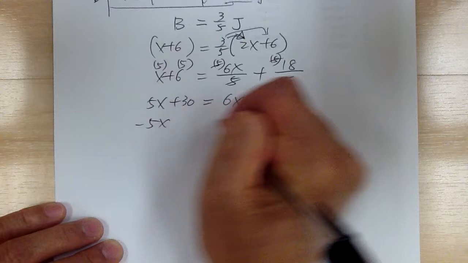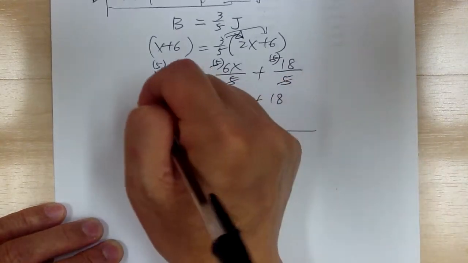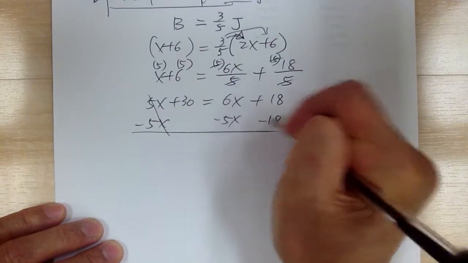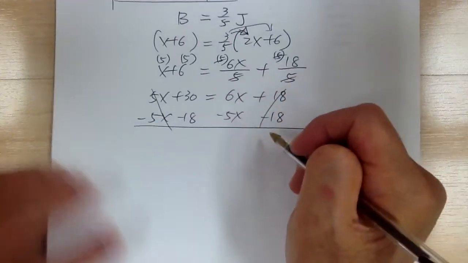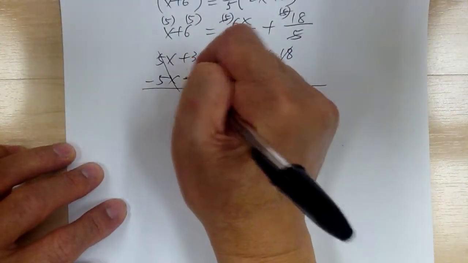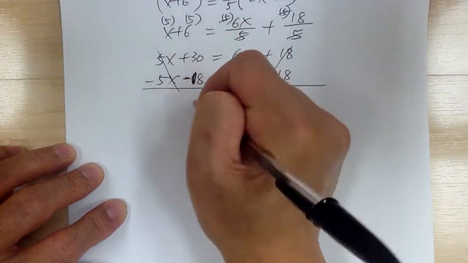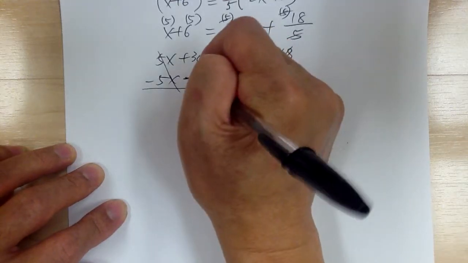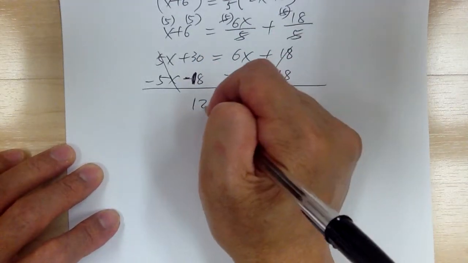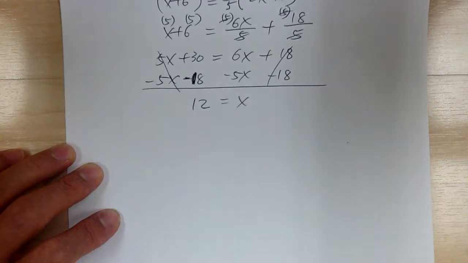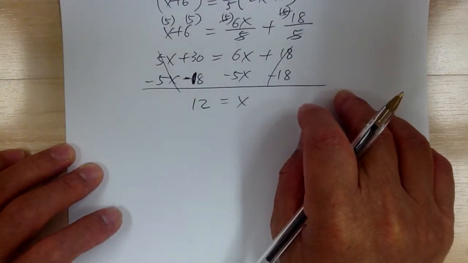Next, go ahead and minus 5x on both sides, so that this will cancel out. And minus 18 on both sides, so this will cancel out. So you got 12 equal to x. Once you find out x equal to 12, go back and read and answer the question. It says, what is each girl's age now?